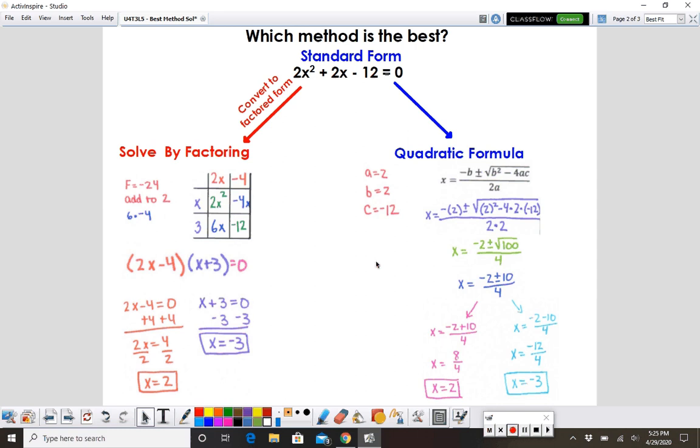Also, remember, sometimes when we used our quadratic formula, we got a square root here that was not a perfect square. That's another situation that we wouldn't be able to factor. So standard form, most of the time you're going to use your quadratic formula unless you're either really comfortable with factoring or the equation is pretty straightforward and easy to factor.